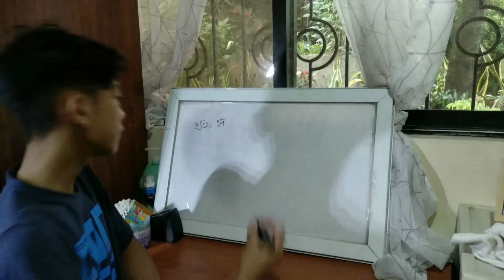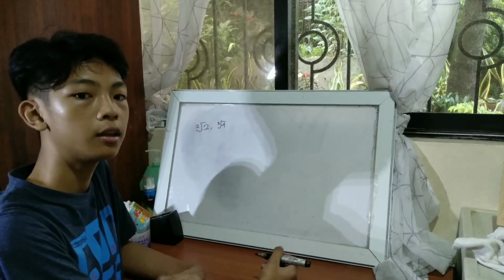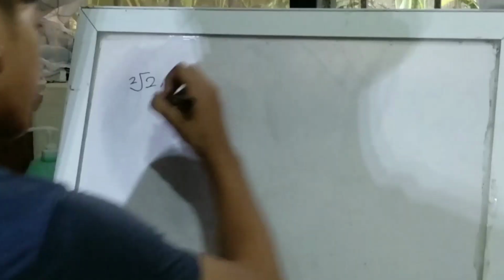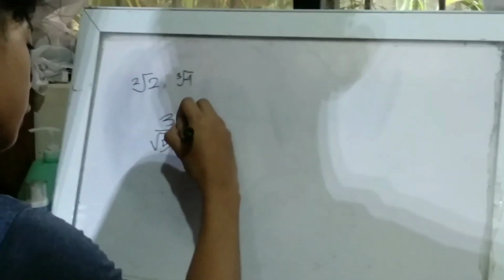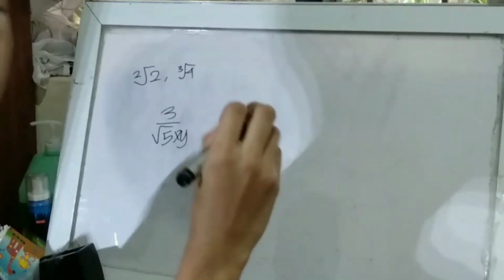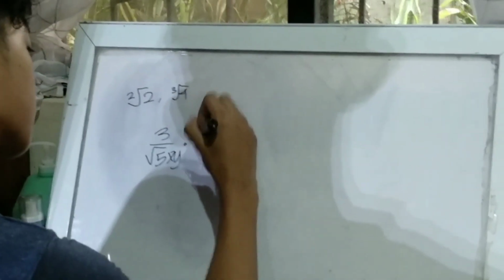Here we have an example. We multiply both the numerator and the denominator by the square root of 5xy to make it rationalized.